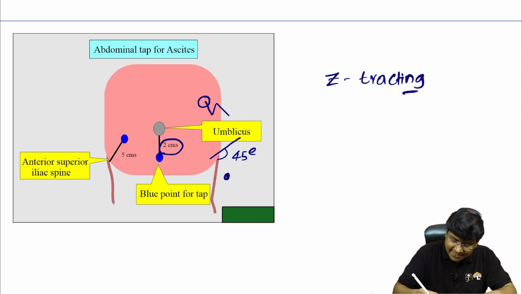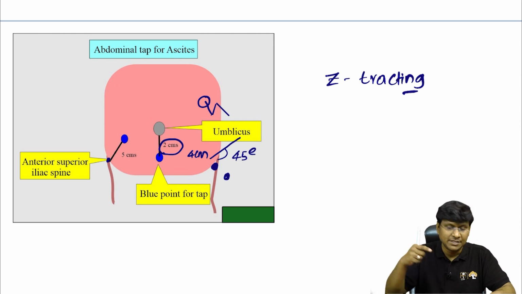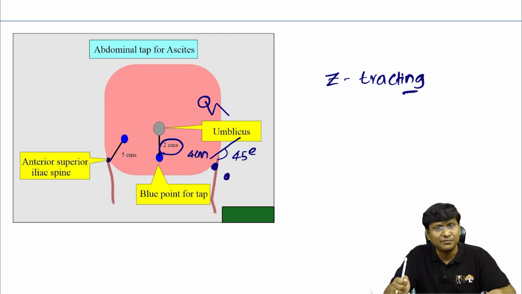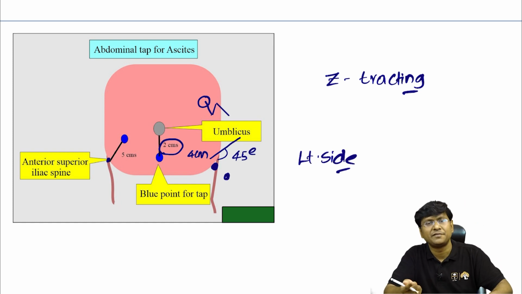Let us assume this is the place where you have the anterior superior iliac spine, and 4 centimeters supromedial to it, you need to puncture and take out the fluid. Puncturing over the left side is more preferred than over the right side. Why?